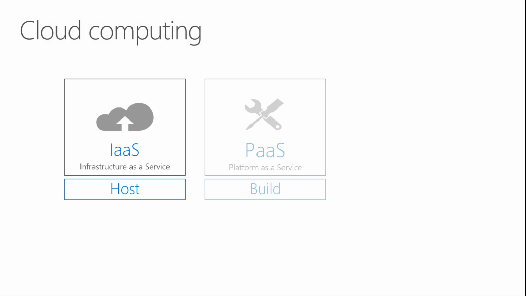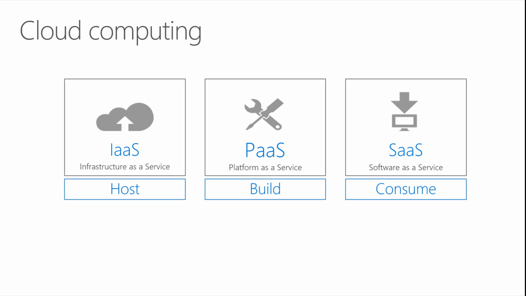So let's walk through and compare and contrast the three of these things just to make it really clear for everybody as an entry point. IaaS, or infrastructure as a service, versus PaaS, platform as a service, versus software as a service. There's a lot of discussion in the industry about these different terms.